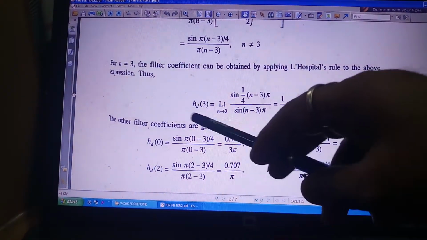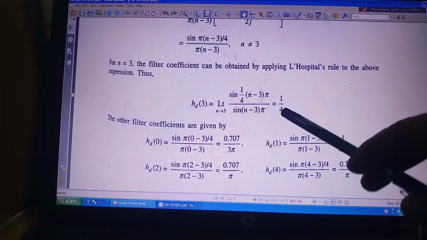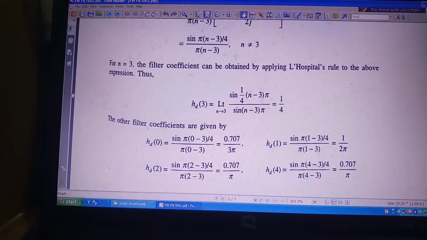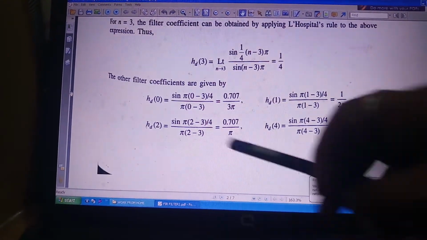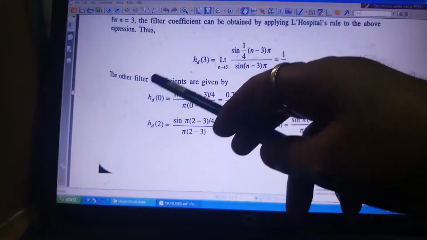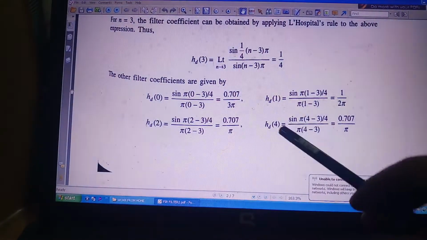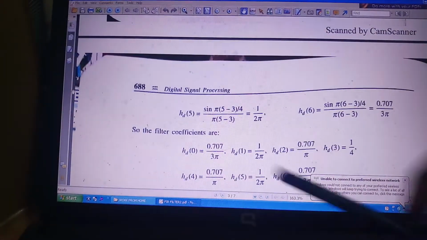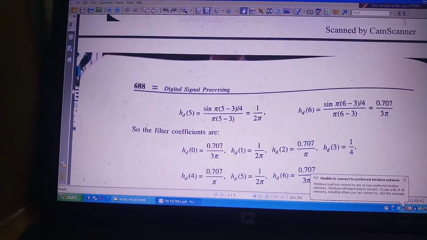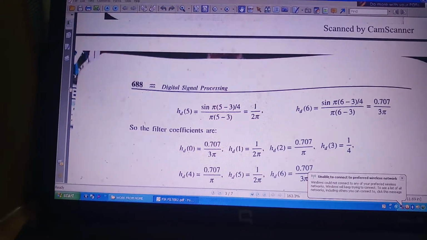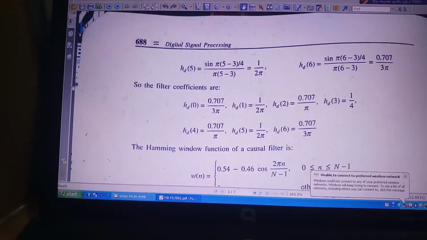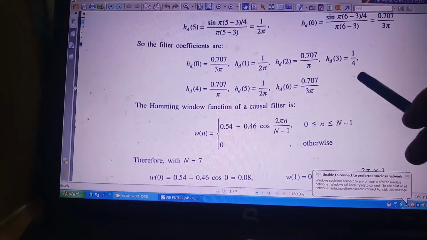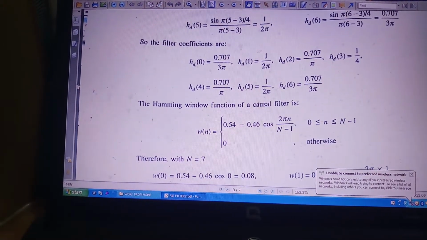Using L'Hospital's rule, I get h(3) equal to 0.25. The other filter coefficients can be calculated in this manner by putting n equal to 0, 1, 2, 4, 5 and 6, because with 7 samples, 0 to 6 are the total samples. So we have now got the filter coefficients.